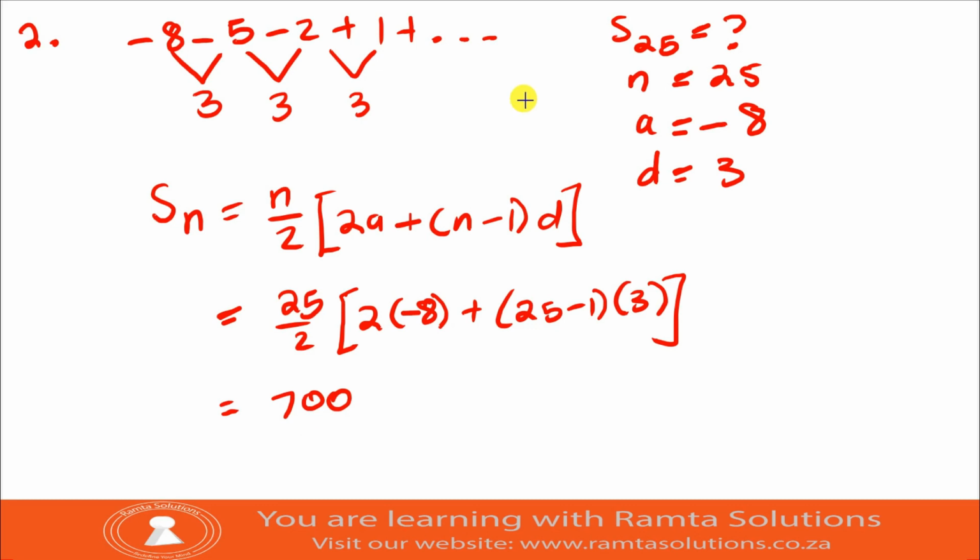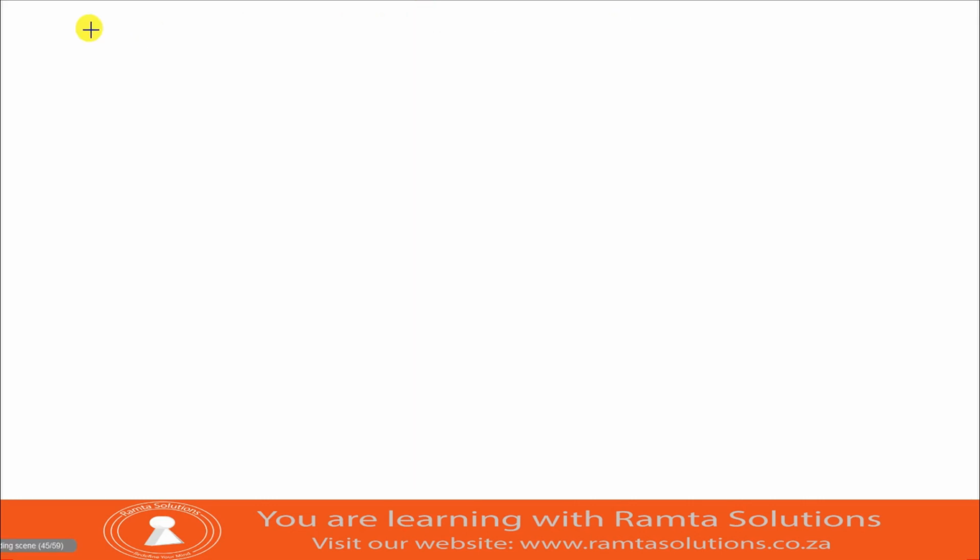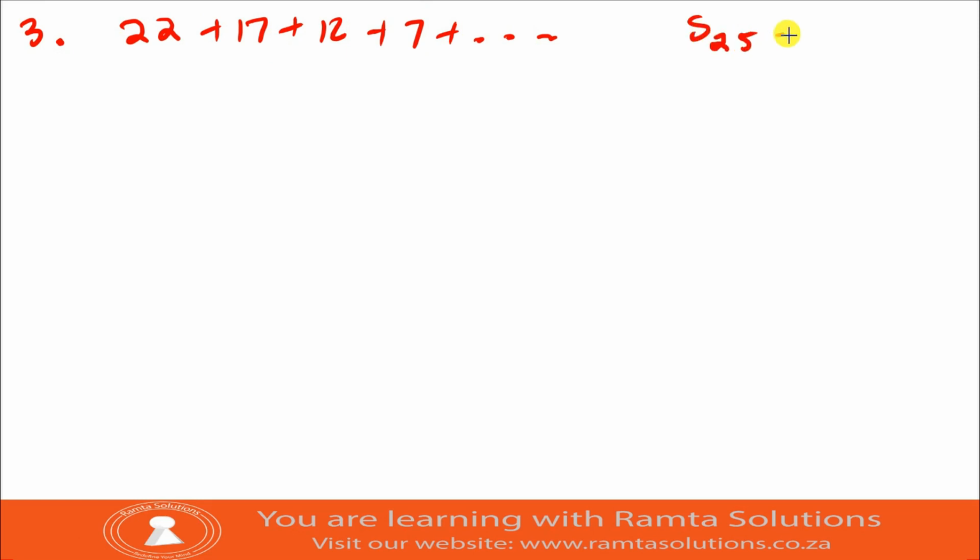Then we are good to go. Now, the last one is 22 plus 17 plus 12 plus 7 and so forth. As usual, the sum of 25 is unknown.